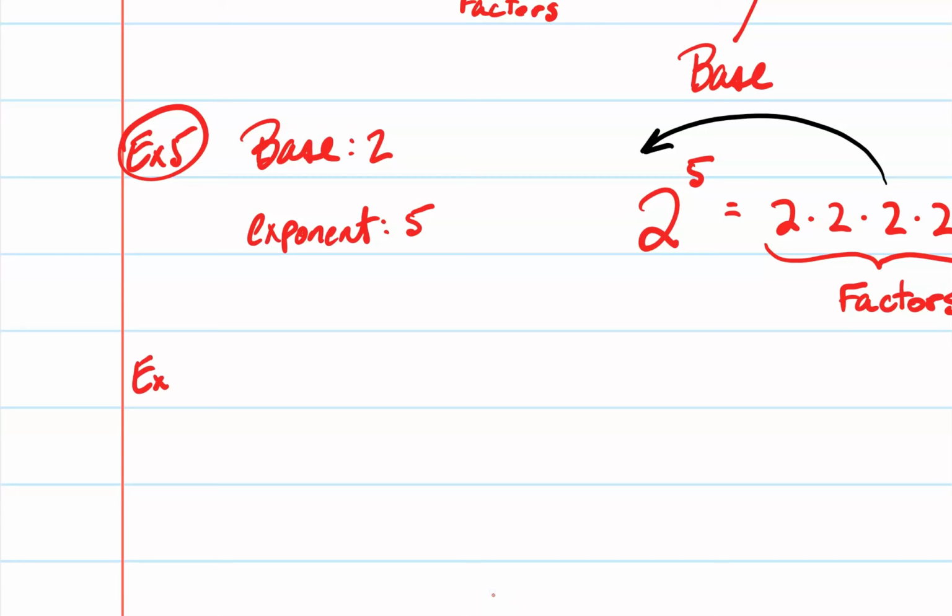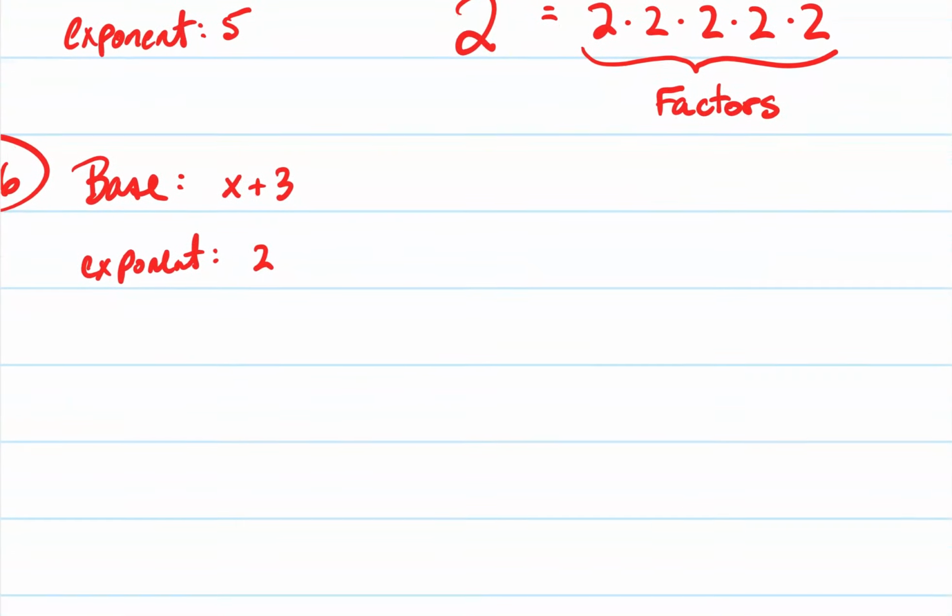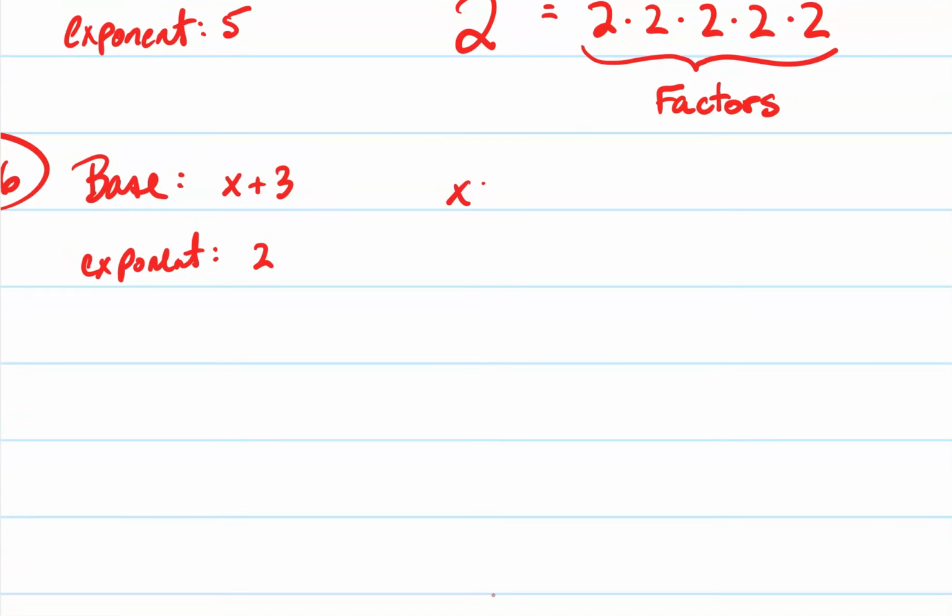An example that we're going to see in Algebra 2 might look something like this, where we might have a base that's an expression, we'll call it x plus 3, and an exponent, let's just call that 2 for now. This would end up looking like x plus 3 as a group raised to the 2nd power. Now I'm using parentheses here because it's not just the x that gets raised to the 2nd power, and it's not just the 3.